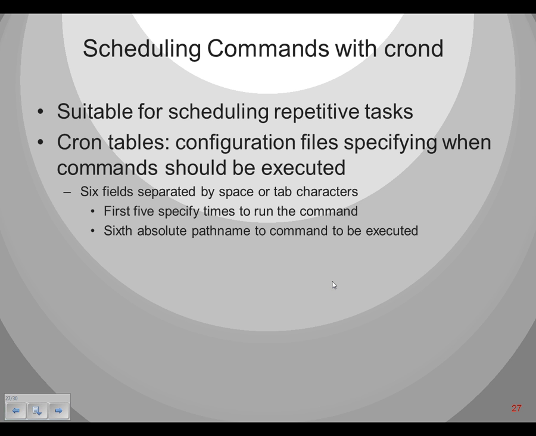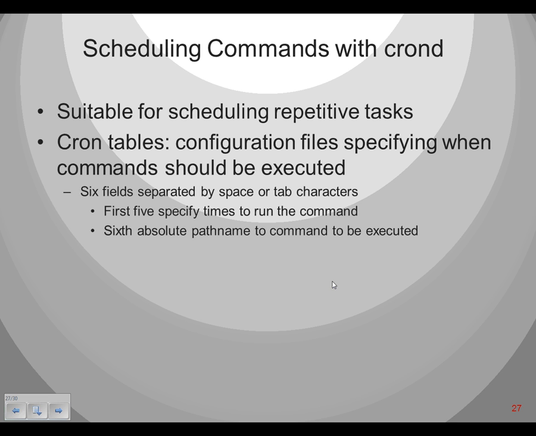Again, the cron command is used for scheduling repetitive tasks in the future. The cron table configuration files specify when commands should be executed. It has 6 fields separated by spaces or tabs.